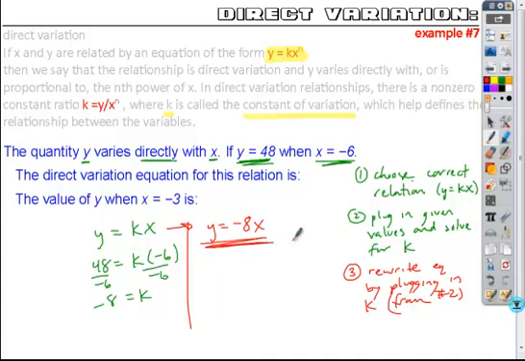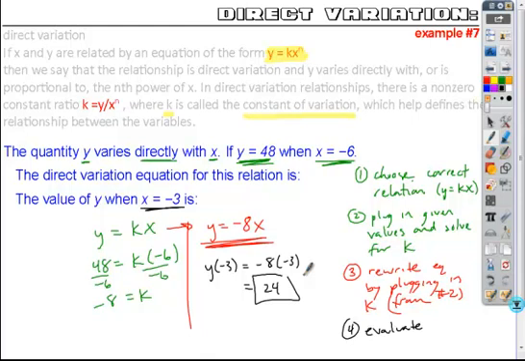That's going to be the equation that models that situation. And then the final thing you're going to do is evaluate a new set of terms. When they ask you to evaluate y when x is -3, you take y of -3 and evaluate what you get, in this case 24, and that would be your solution.